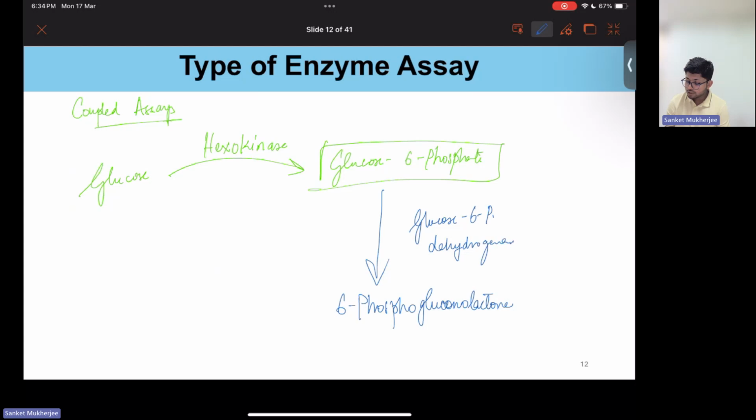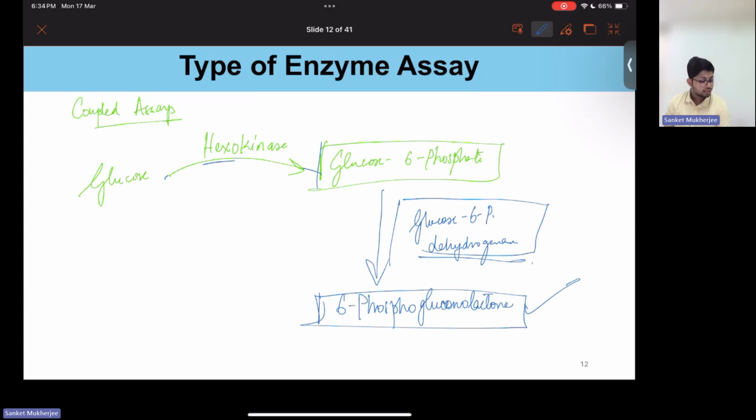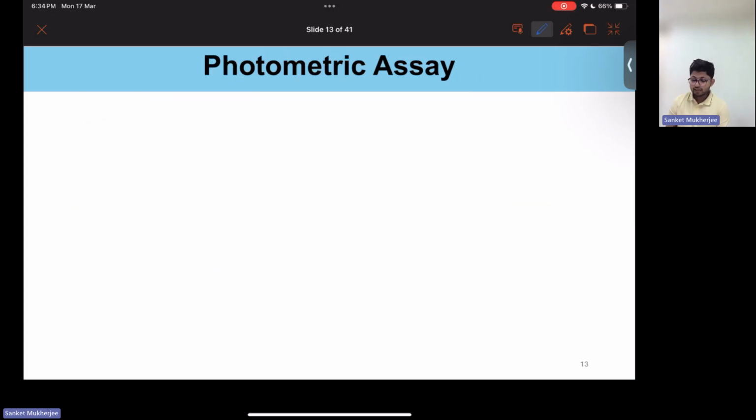So what you essentially do here is, using a coupled reaction, you're trying to find out what happens to the product. The product is converted into another form using another reaction. This you can measure, and this will tell you how much glucose is converted to glucose 6-phosphate. So that kind of coupled reaction can be there.